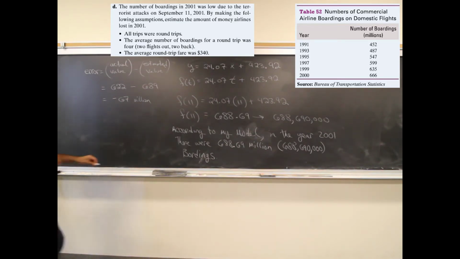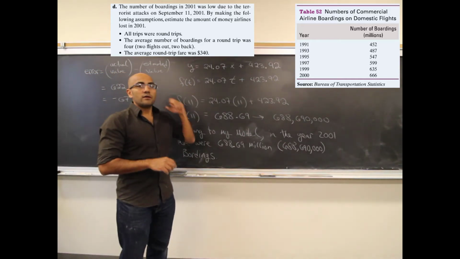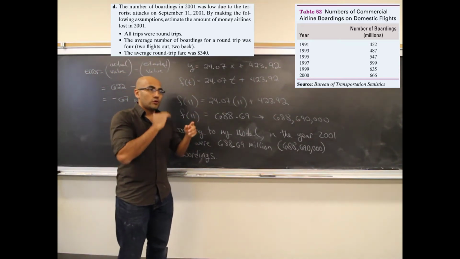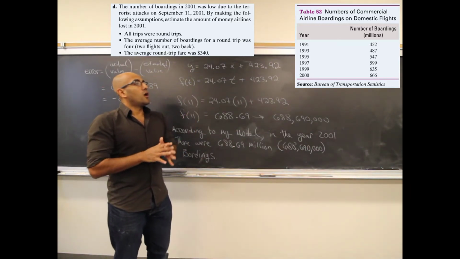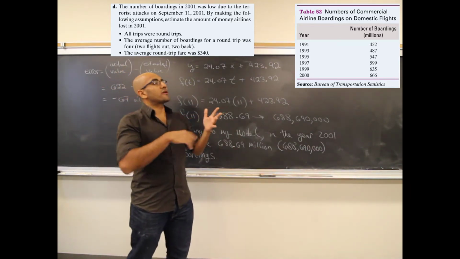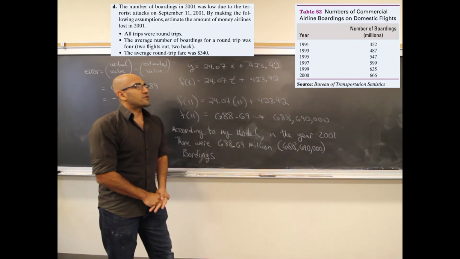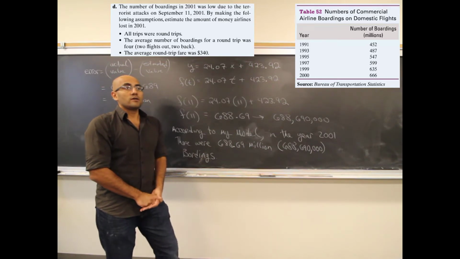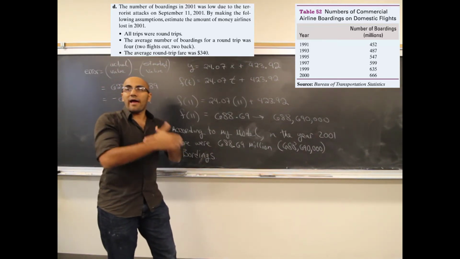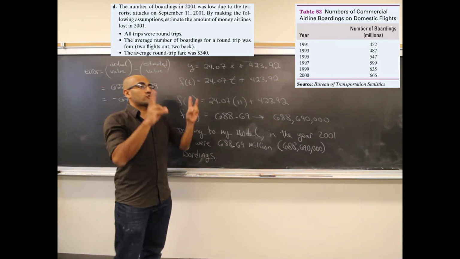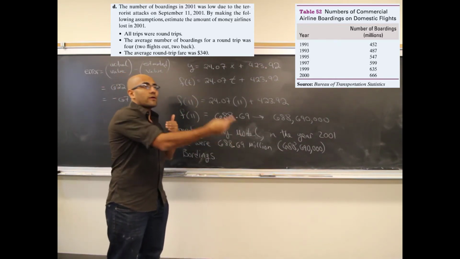So here are some assumptions to take into consideration when trying to decide how much money they lost due to lower traffic. All trips are round trips. The average number of boardings for a round trip was 4. So most people have a connecting flight. Just assume a trip is you go there and you come back.